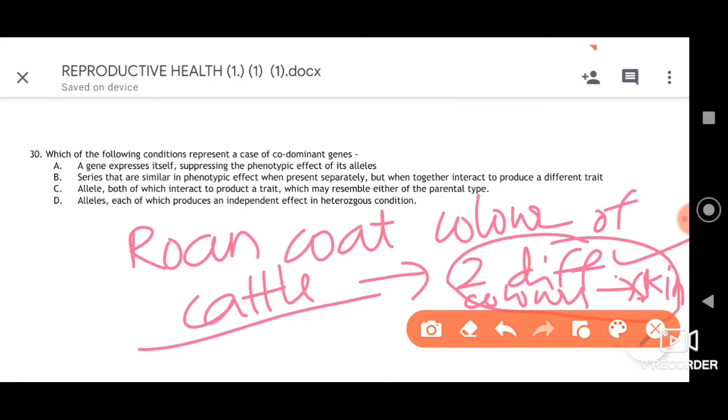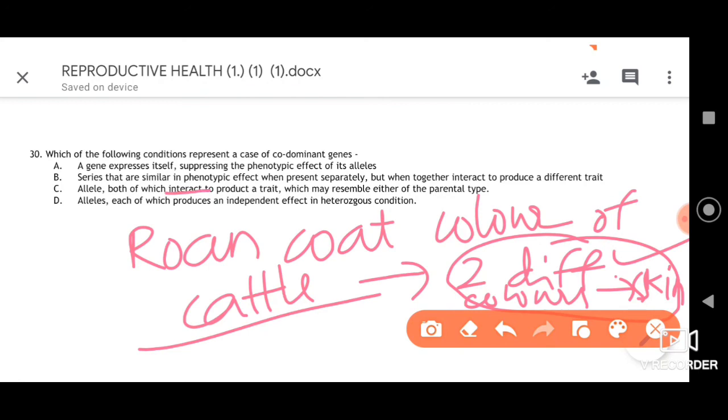No. In heterozygous condition, both express themselves equally. Then the third option is alleles both of which interact to produce a trait which may resemble either of the parental types. As I said, they don't interact, they're independent but express themselves equally.